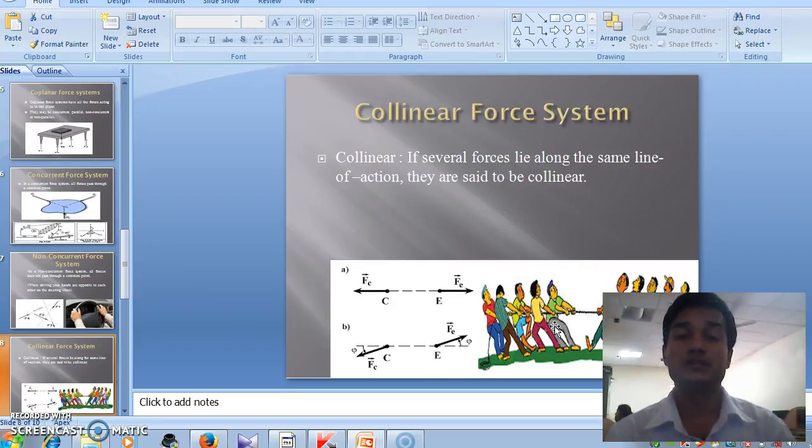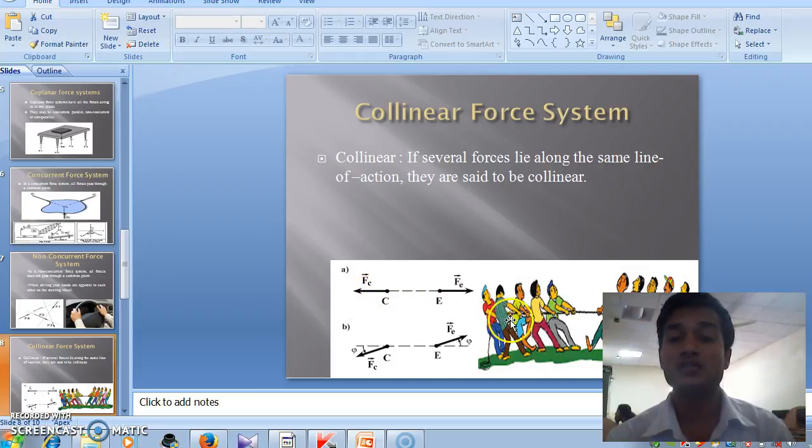The third one is the collinear force system. If several forces lie along the same line of action, they are said to be collinear forces. Consider these two groups of boys pulling a single rope in opposite directions. The line of action of these forces can be represented by this figure.